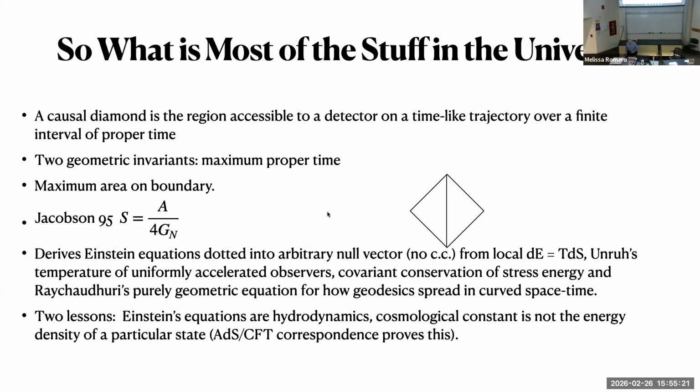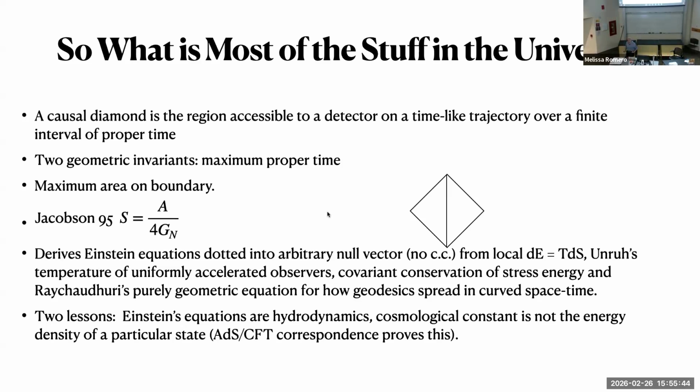During that second, you could have sent out signals to some place in space-time and gotten a signal back. And if you look at the entire region of space-time you could have explored by doing that, that's your causal diamond.